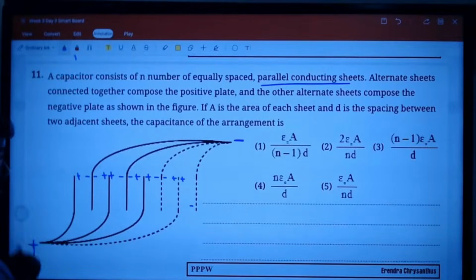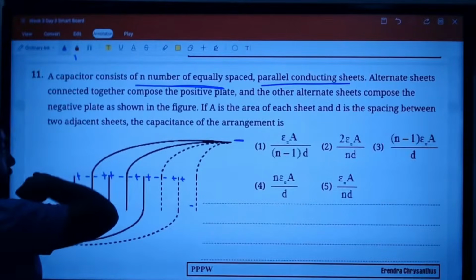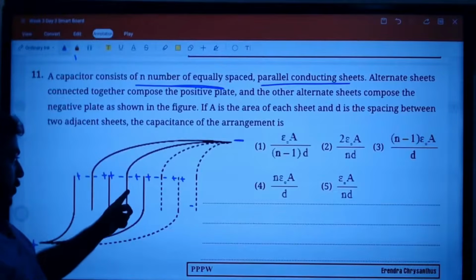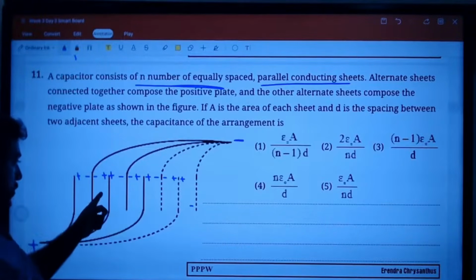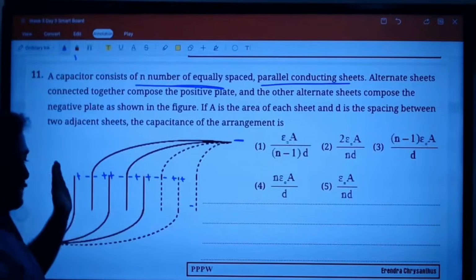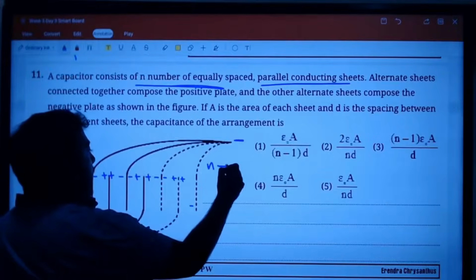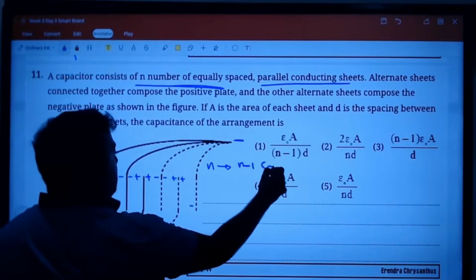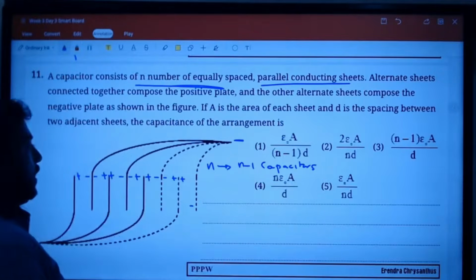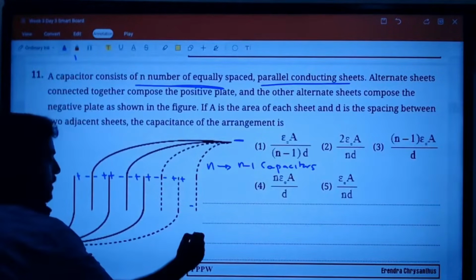Look at the board carefully. N number of equally spaced parallel plates. 1, 2, 3, 4, 5, 6, 7, 8: 8 plates, 7 capacitors. So n plates give you n minus 1 capacitors. Don't forget. How are the capacitors connected?